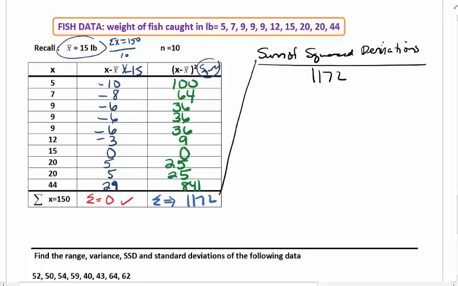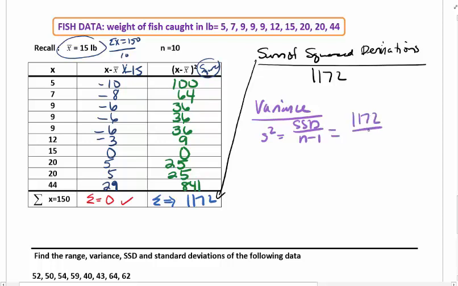That is always this bottom number, because what did we do in each column? We found the deviations in the second column, we then squared it, and the blue down the bottom is we summed them up. Now to find my variance, the variance says take, which is actually s squared, take your sum of square deviations and divide it by n minus 1.